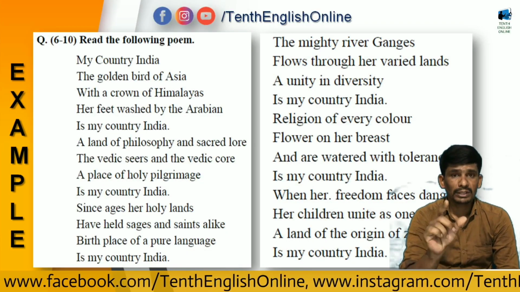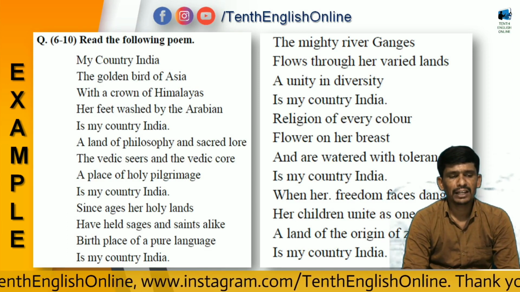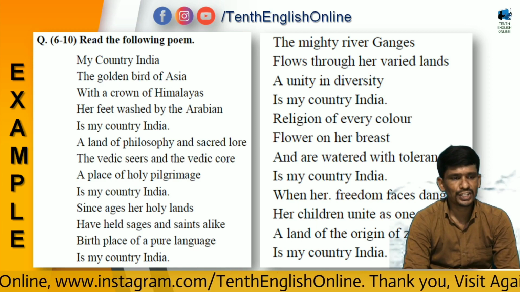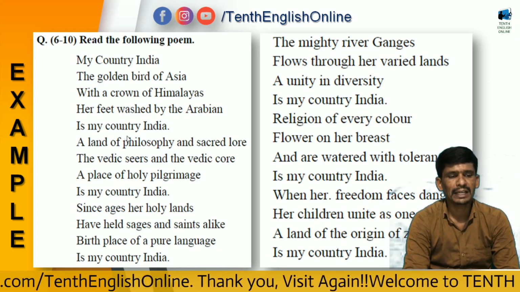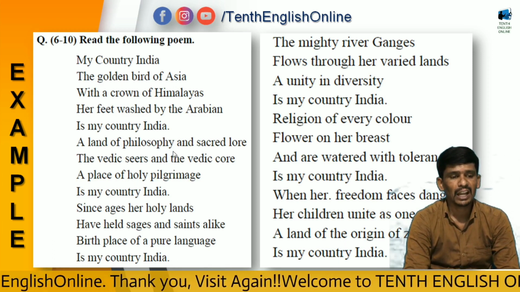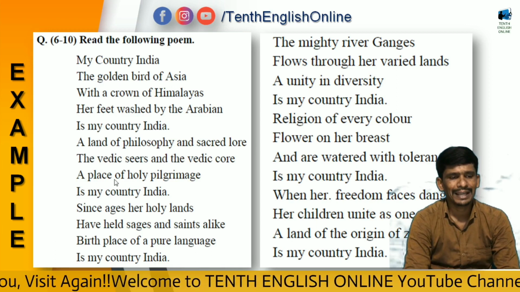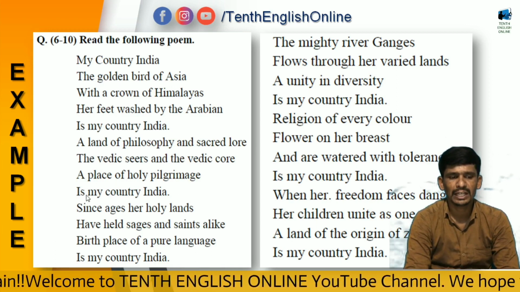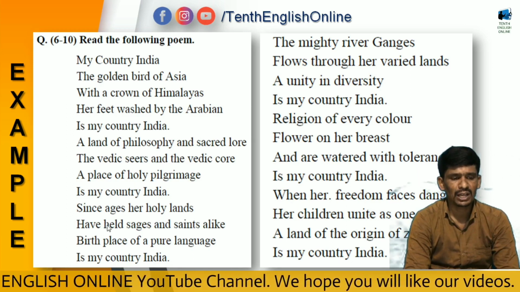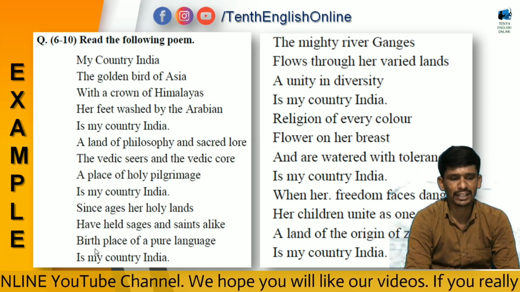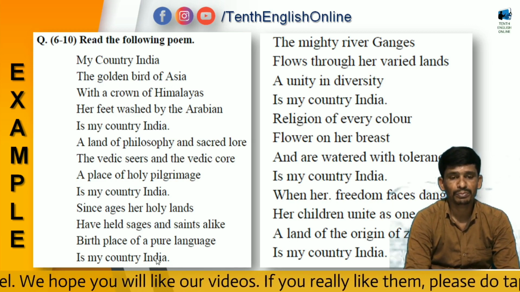So take the time to read this poem. My country India, the golden bird of Asia, with the crown of Himalayas, her feet washed by the Arabian, is my country India. A land of philosophy and sacred law, the Vedic seeds and the Vedic core, a place of holy pilgrimage, is my country India. Since ages her holy lands have held sages and saints, birthplace of a pure language, is my country India.